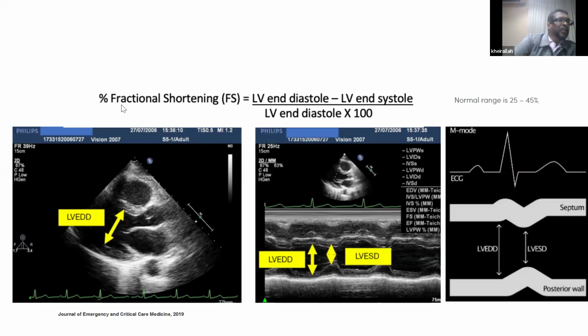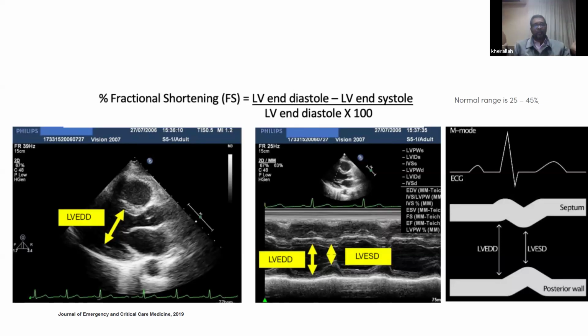Now, what is fractional shortening? Fractional shortening is the LV end diastolic dimension minus the LV end systolic dimension, divided by the baseline, which is the LV end diastolic dimension, times 100. This gives the fractional shortening, okay? And the normal range of fractional shortening is 25 to 45%.